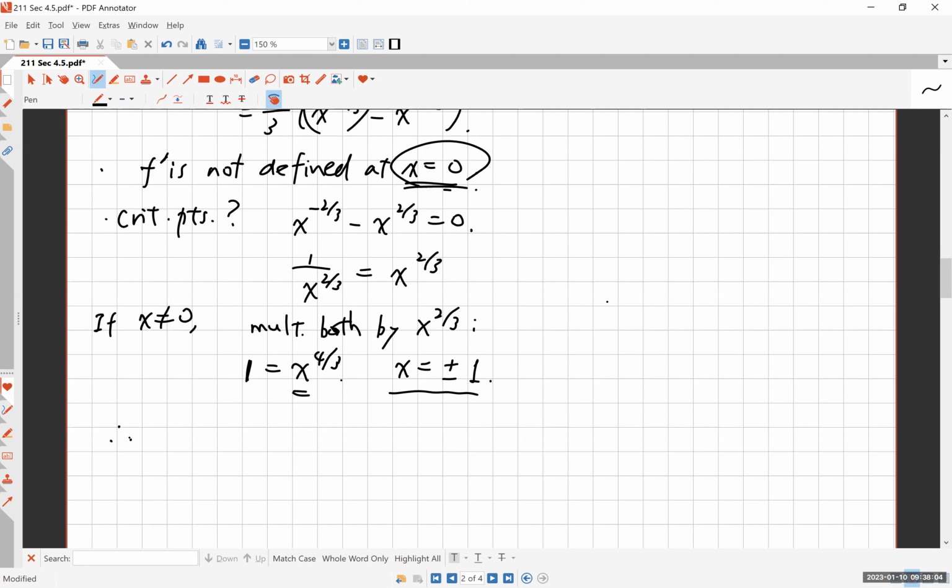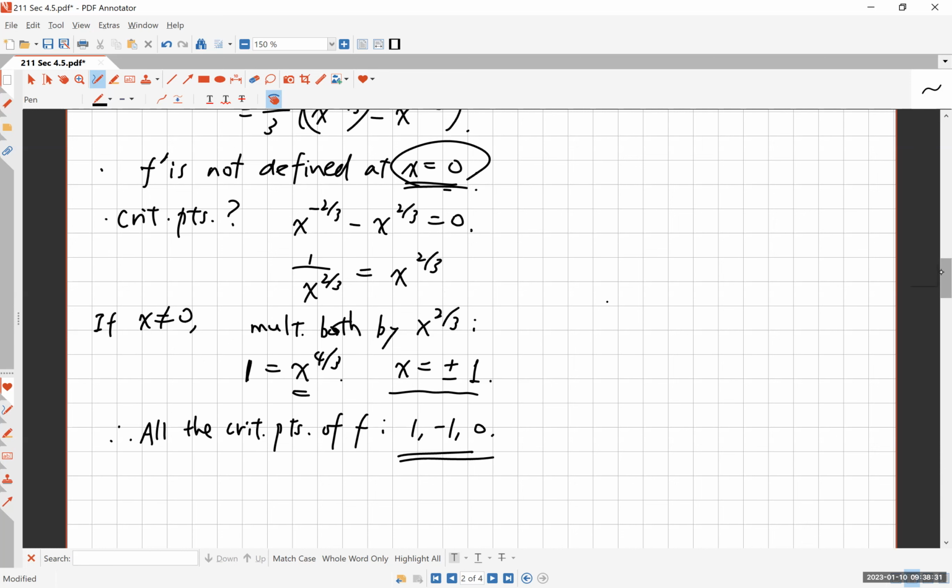Okay, so we have found all the critical points of this. Maybe I should just list them. All the critical points of f are 1, -1, and 0. Okay, so that's what we have discovered.